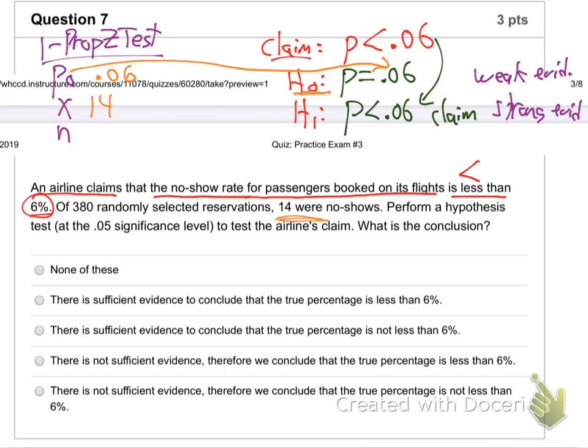And the N, 380 total people on this one. Right? And then you have to do greater than, less than, or not equal. How do we know which one there? Less than. We get that right from H1, don't we? Less than. And then calculate.